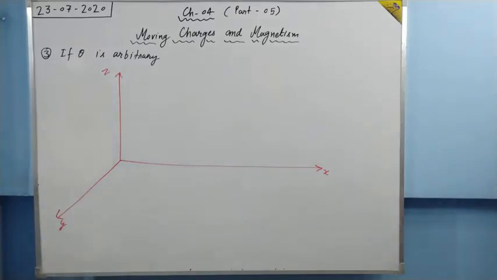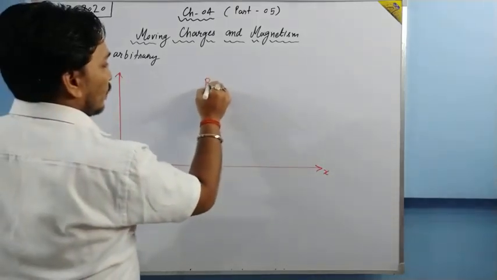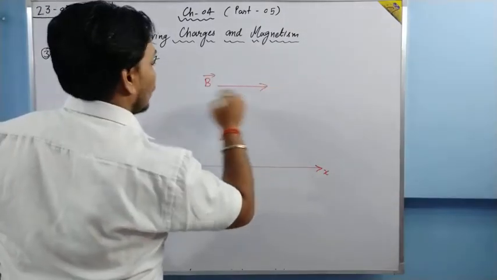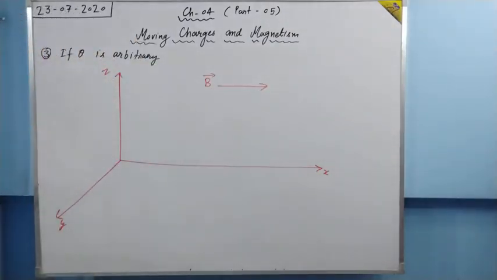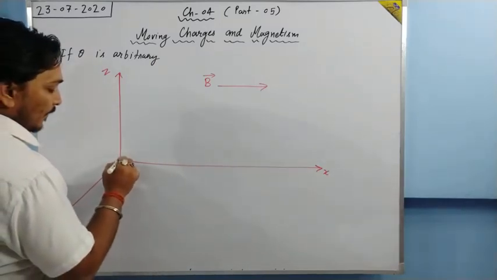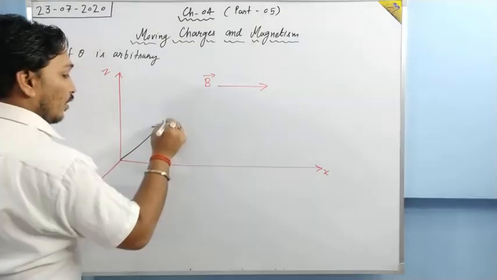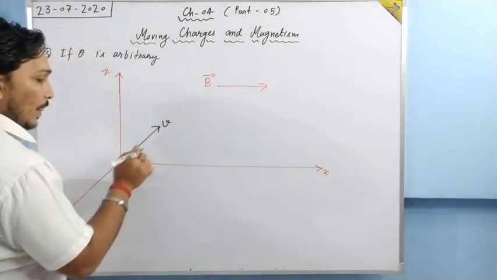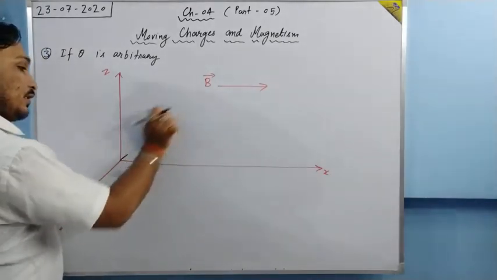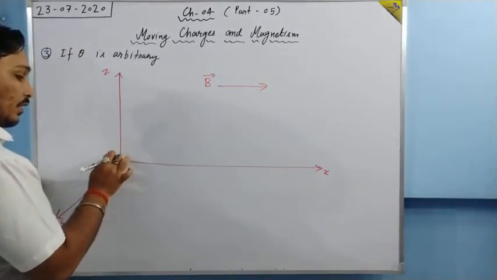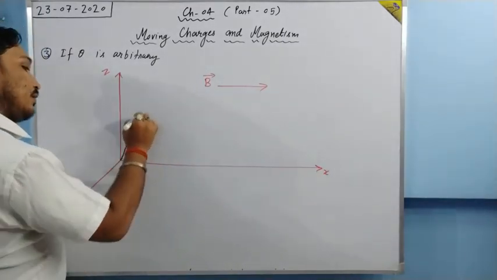The direction of magnetic field is in this direction, basically in the x direction. A charge is moving and it has a velocity v, let me draw it this way.